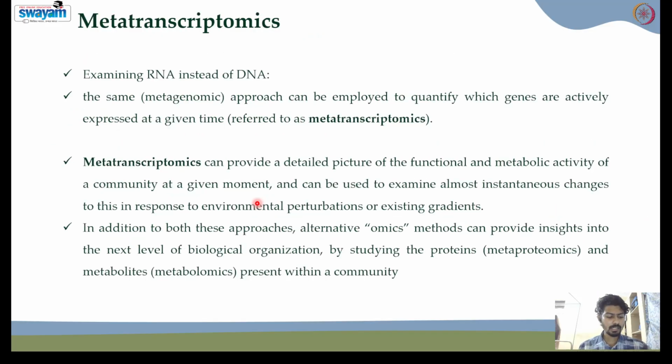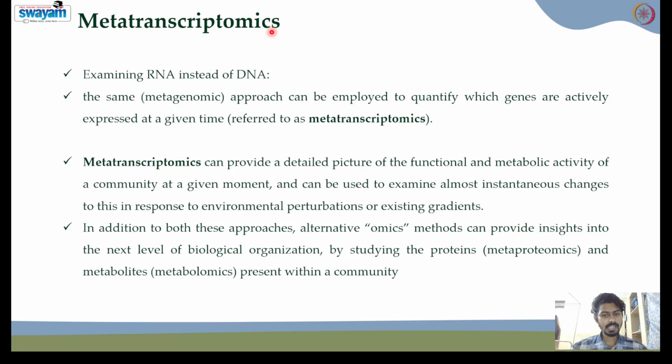And the last concept for today's class is meta-transcriptomics. The word itself tells us that here we are focusing on RNA. So if you are examining the RNA instead of DNA, and if you want to analyze the genes, then you can go for meta-transcriptomics, where RNA will be extracted and we will be studying not only what microorganisms could do, but what they are actively doing in that environment.